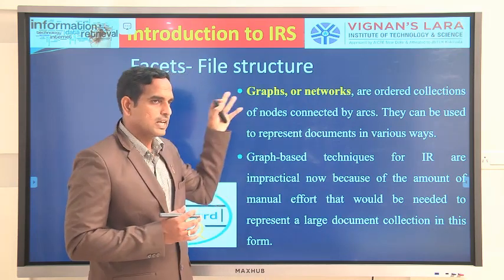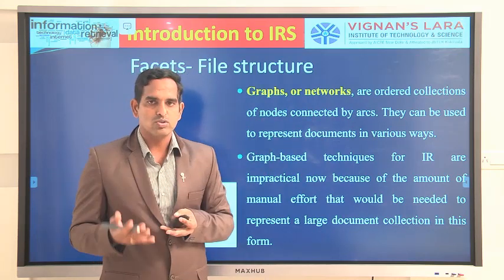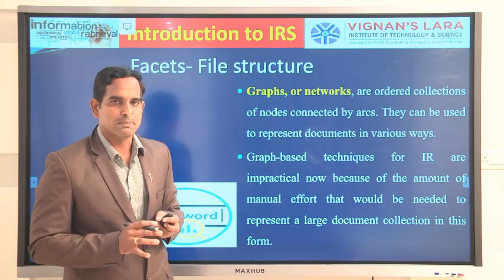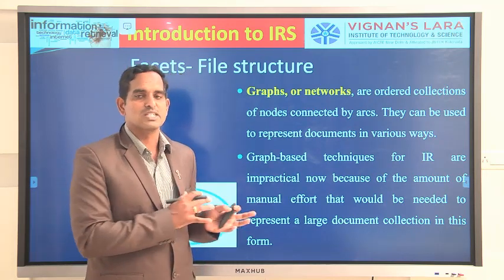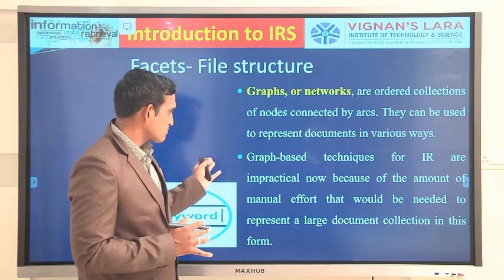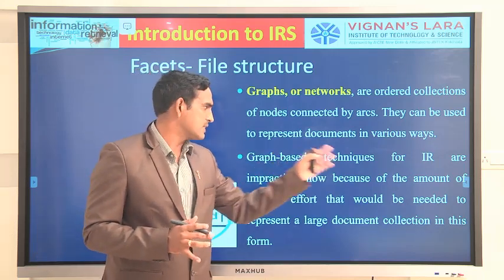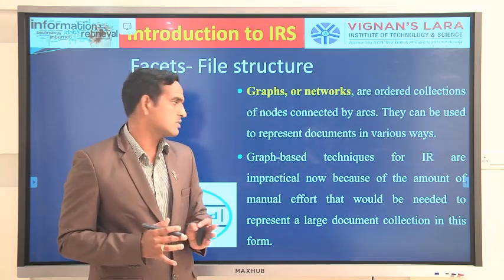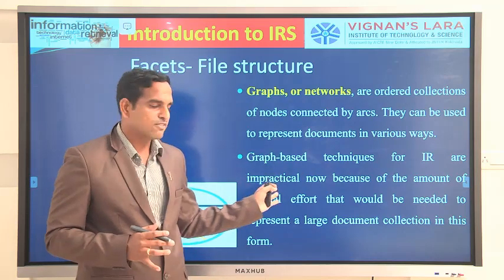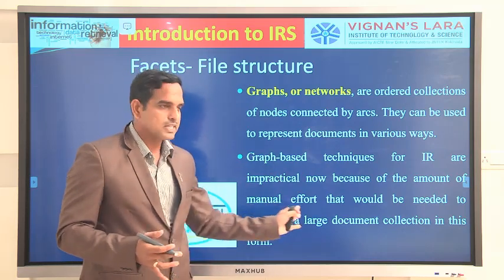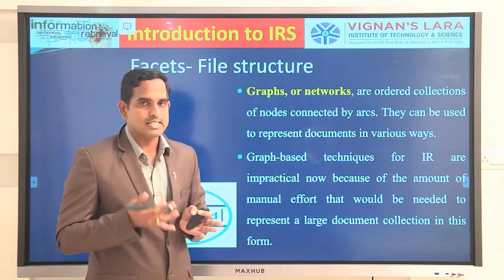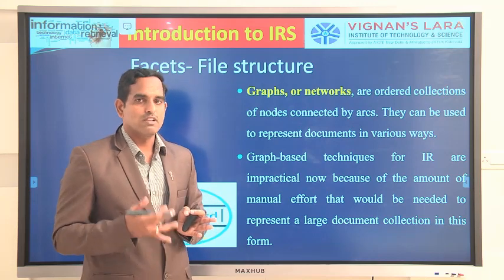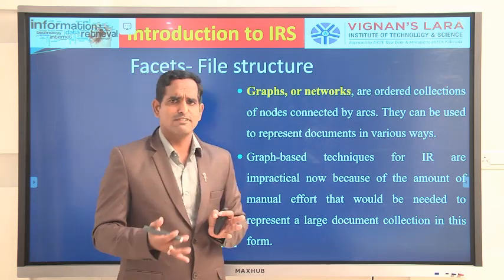This could also be used to implement your file system in a database of information retrieval systems. But these graph-based techniques are impractical now, because the amount of manual effort needed to represent a large number of documents as a graph of nodes is very hard to implement.